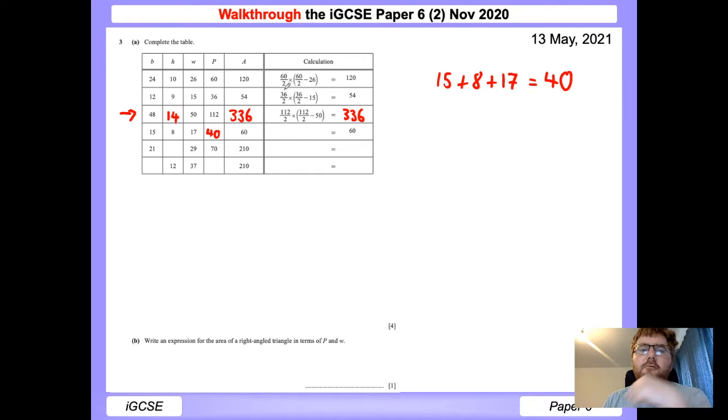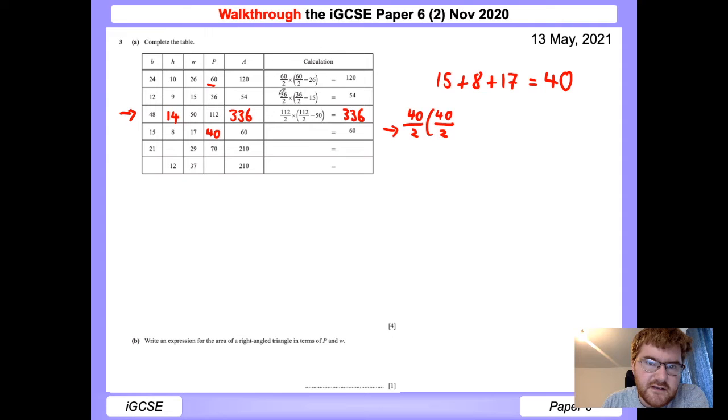And notice the numerator of both these fractions is equal to the perimeter number here. So I'm going to write this slightly bigger because it won't fit in. So this calculation here will be 40 over 2, open brackets, 40 over 2. So I'm just copying the first part and looking for the pattern.